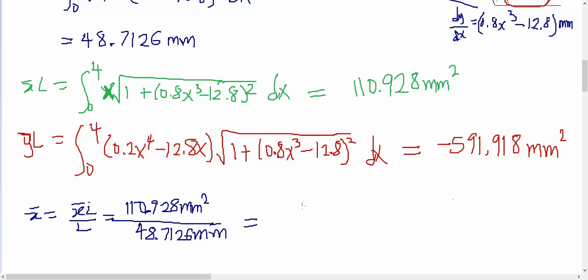Dividing that, you get 2.28 millimeters. And you can see how the units come in place. The millimeters cancel out with the square here, so we're just left with millimeters.